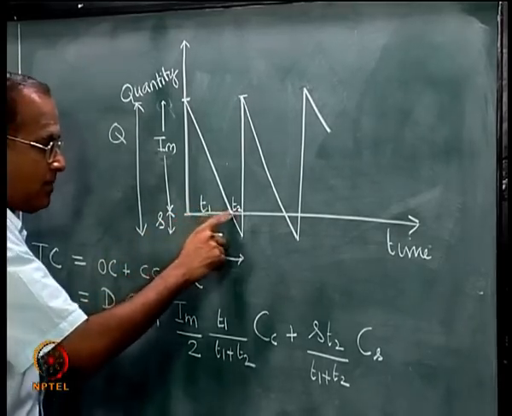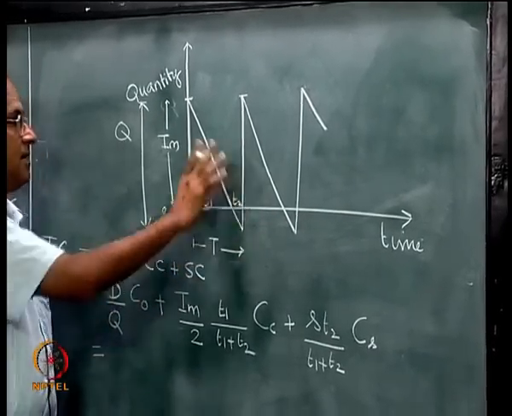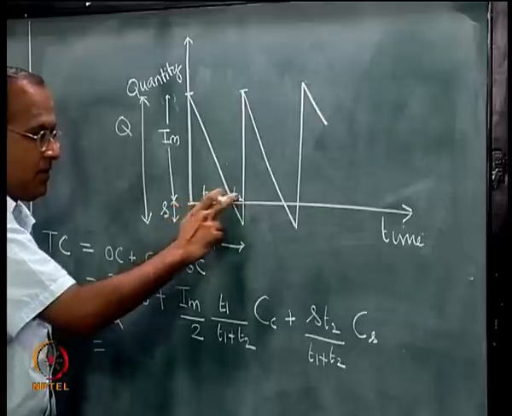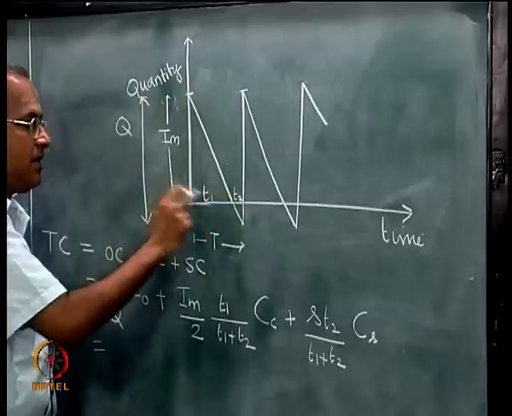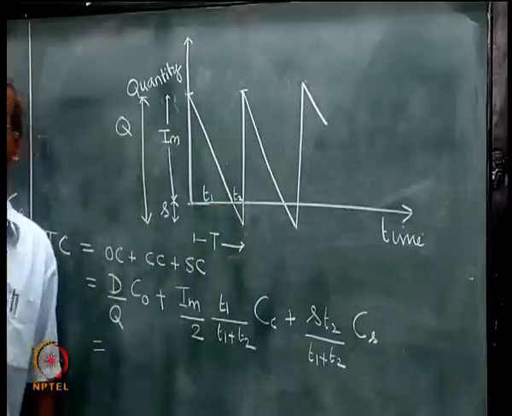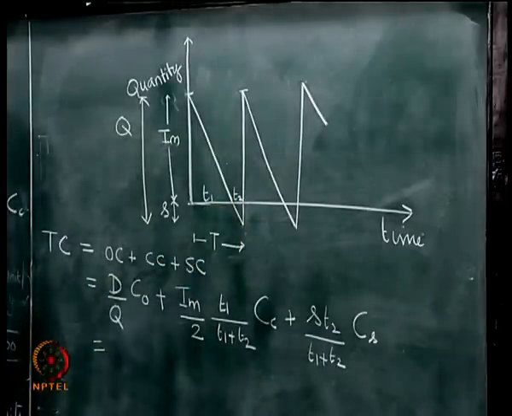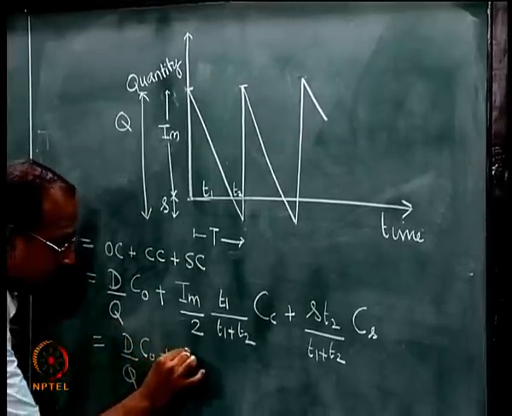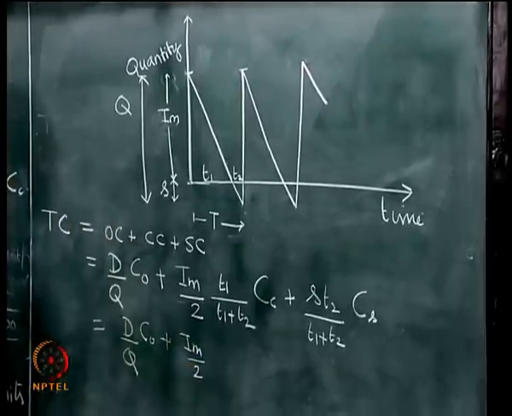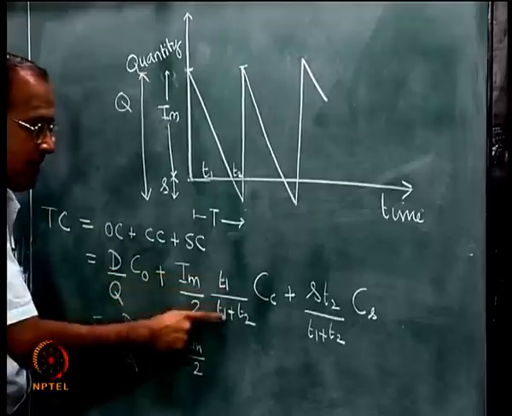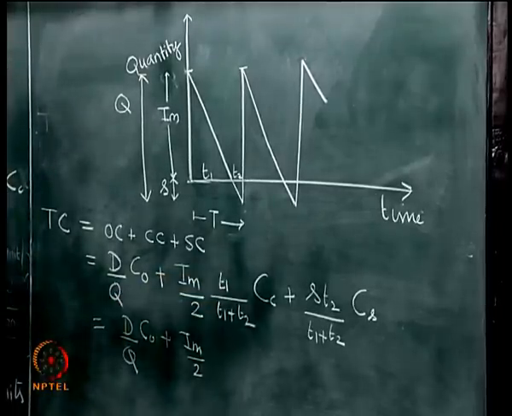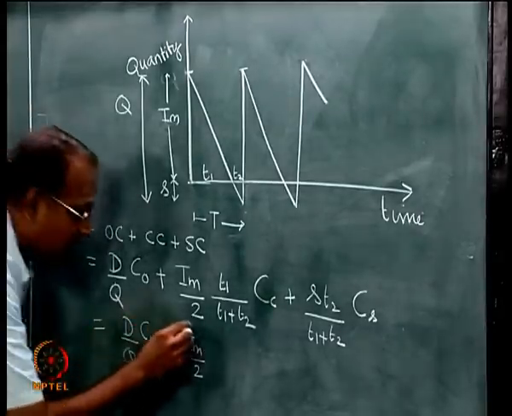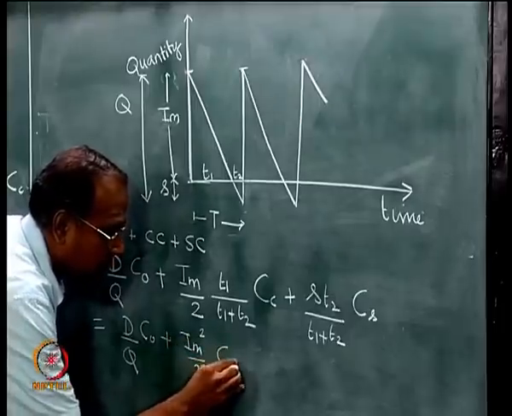Now T1 by T1 plus T2 from similar triangles is equal to Im by Im plus S. But Im plus S is Q, so this will become Im by Q. C naught plus Im by 2 into T1 by T1 plus T2, which is Im by Im plus S, which is Im by Q. So this will become Im square by 2Q into Cc.